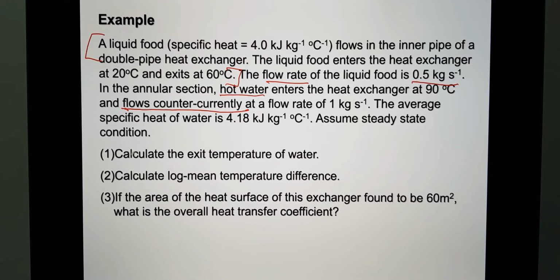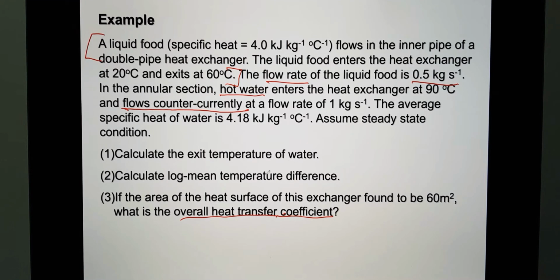These 3 items are the step by step guide for you to get the final answer for the last question. This question is to guide you to get the final answer, the overall heat transfer coefficient.